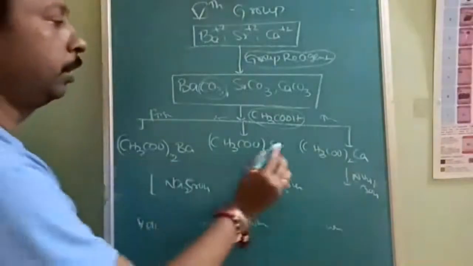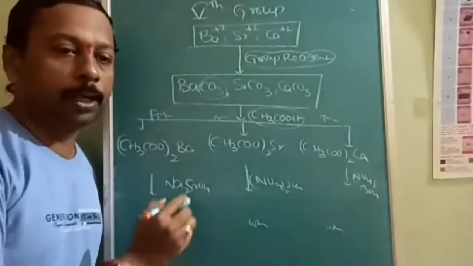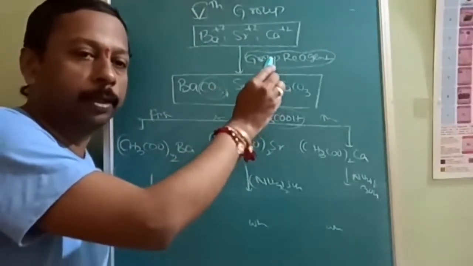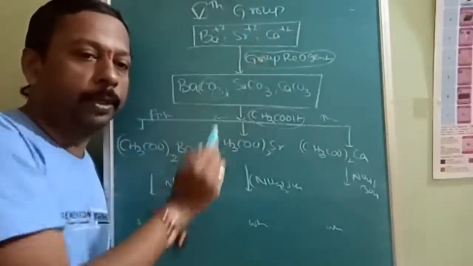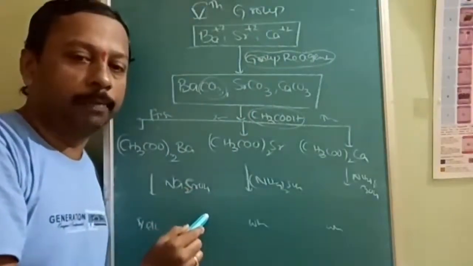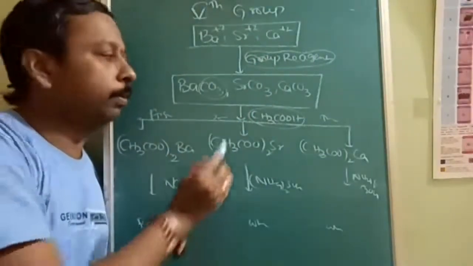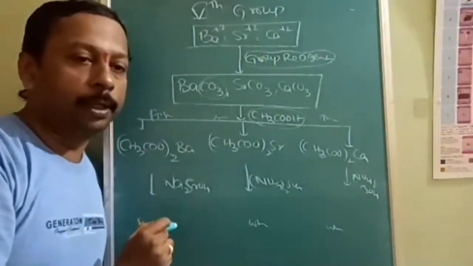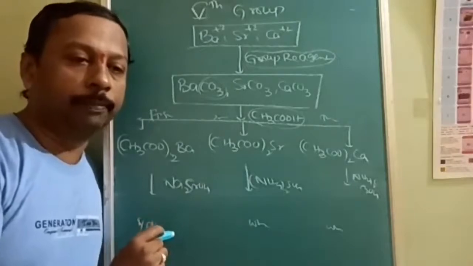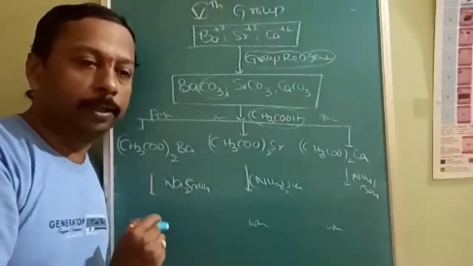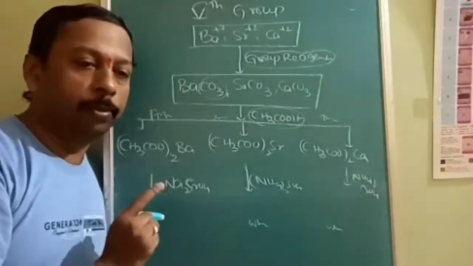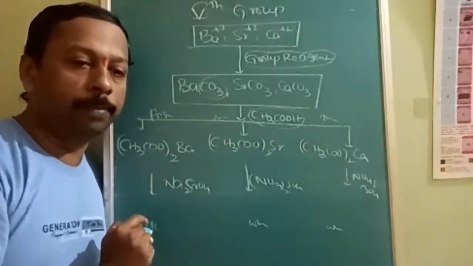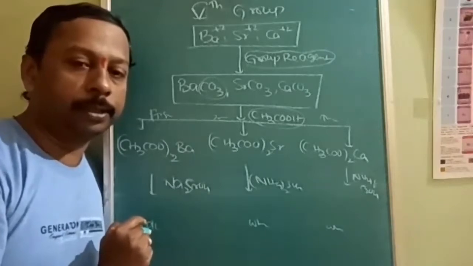Understood? So after reacting the given group reagent with the fifth group elements, they are converted into a common product. What is that? Carbonate. This is the first time we are receiving the carbonate. Earlier, they were converted into sulfides, or in one group only, into hydroxides.